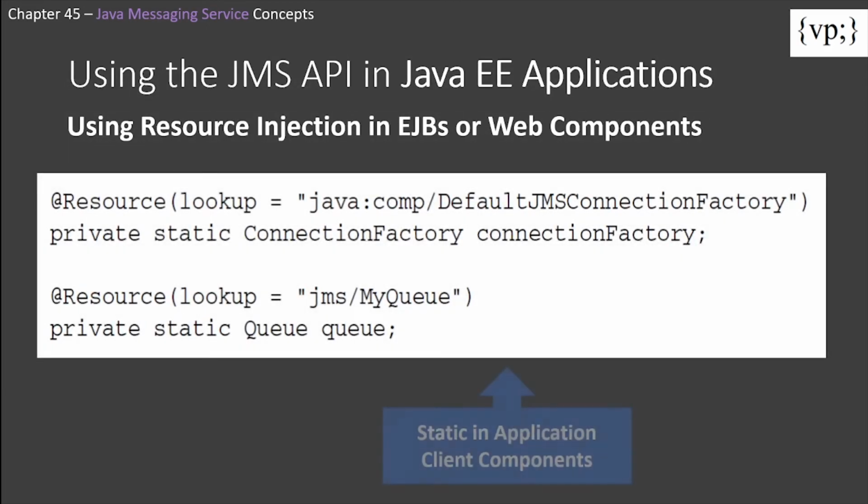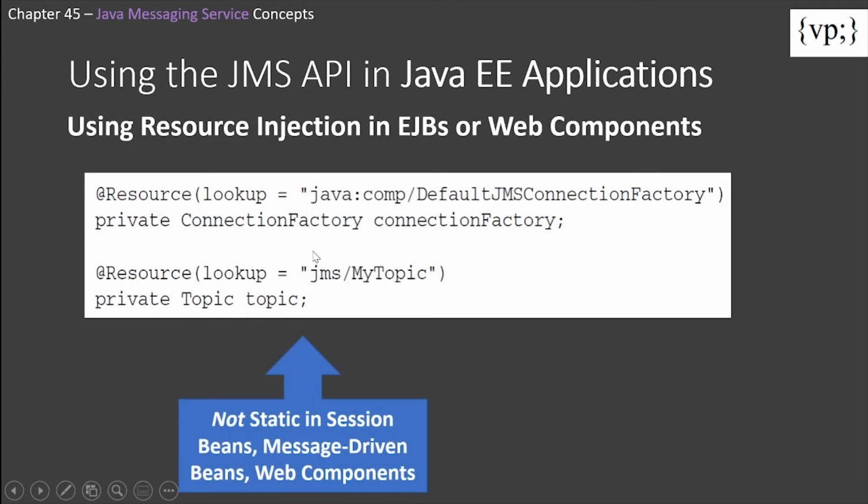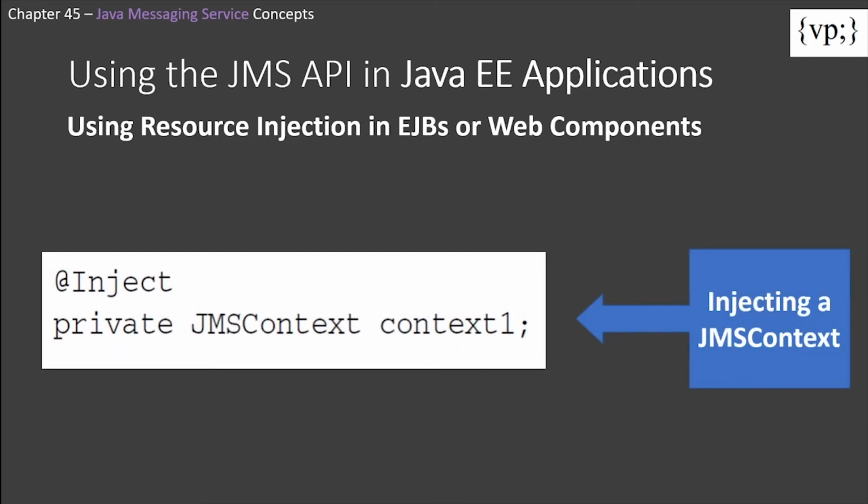You would declare the JMS resources in application client components as static. In contrast, resource injections are not static in session beans, message-driven beans, and web components. So then you can also inject a JMS context instead of a connection factory, which would go something like this.